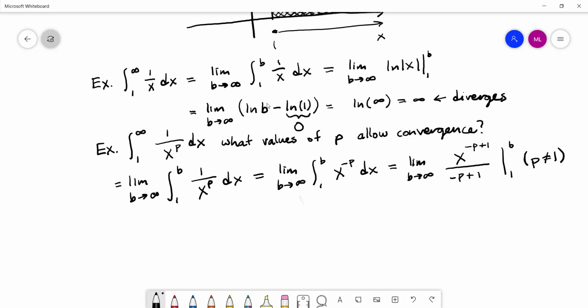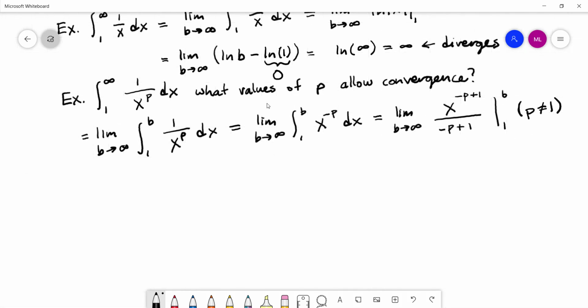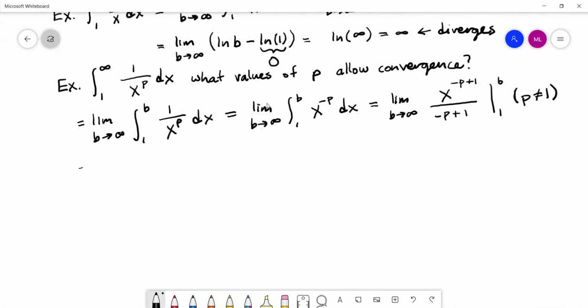So what do I get? Let me clean this up a bit. Instead of writing this as negative p plus 1, I'll start writing it as 1 minus p, just to make life a little easier. I'm going to have that limit. Haven't touched that yet. But I want to evaluate this thing at the upper and lower bound. So at the upper bound, I'm going to get b to the 1 minus p over 1 minus p.